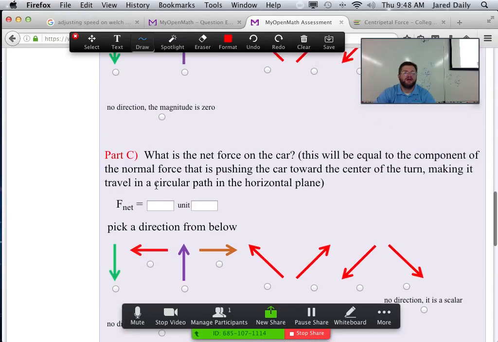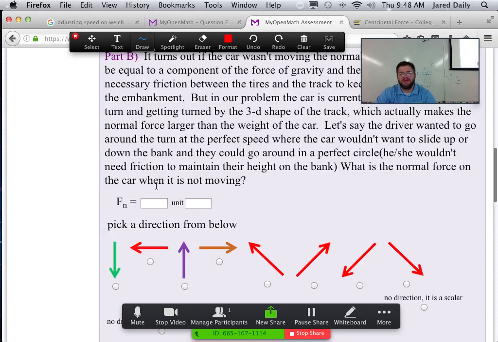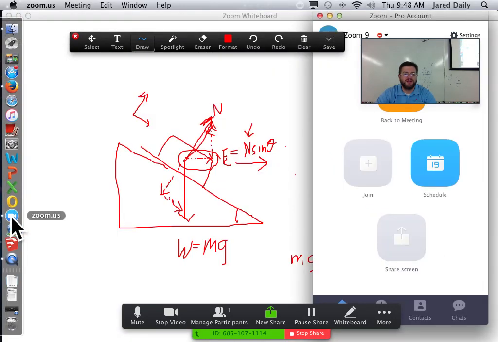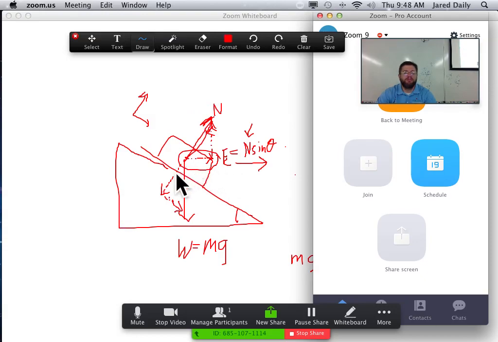No, it's gotta be going forward with the car. Normal force always means something particular. It means it is perpendicular to the surfaces where it is touching. So the normal force points upward this way, up to the right in this problem. So the net force is towards the bank. The net force points this way.